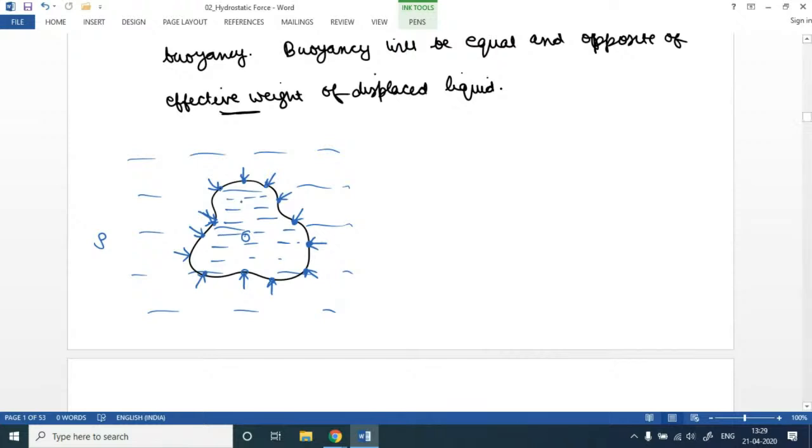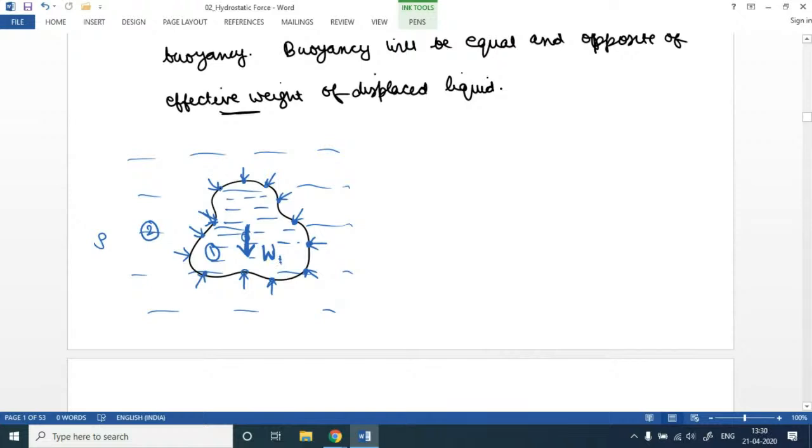So now let's consider a force balance on this. So this segment of liquid is going to experience what all forces. First it would be the weight of this liquid. Let's say this is segment 1 and the surrounding liquid we can say segment 2.